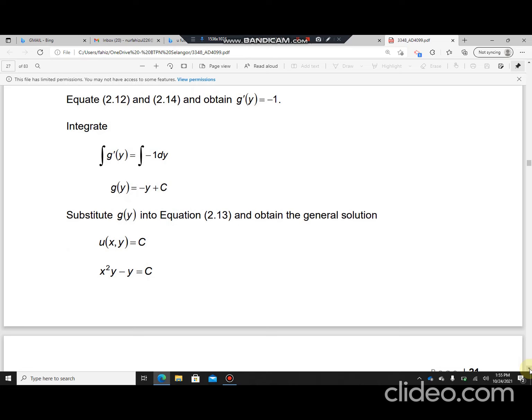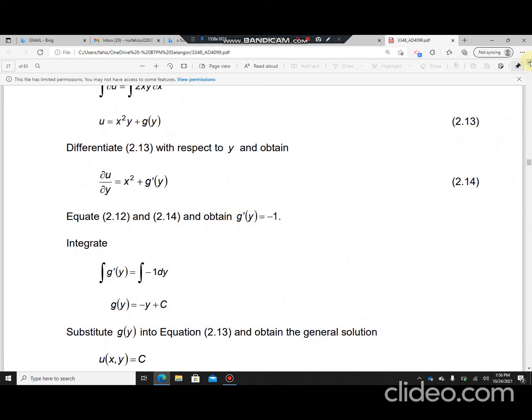Okay, substitute g(y) into equation 2.13 and obtain the general solution. Okay, 2.13 equation kita adalah yang ni: u equals to x square y plus g(y). General solution kita yang ni.